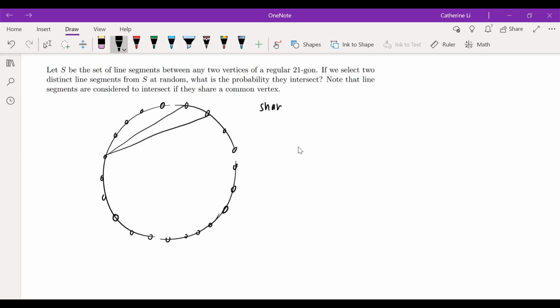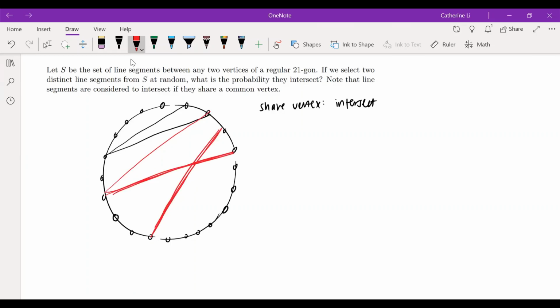So sharing a vertex means that they intersect. But if they don't share a vertex, let's say this one, and then this one, or we could do this first one and then this new one.